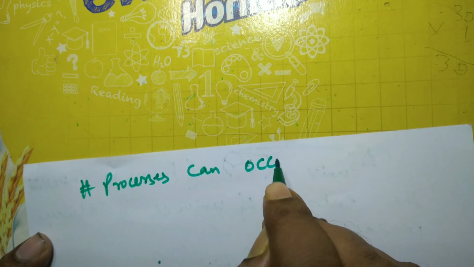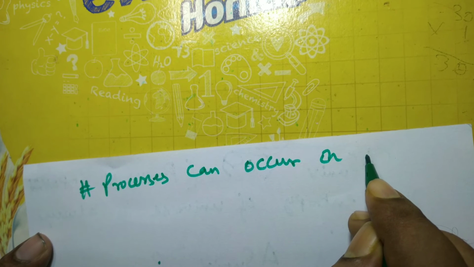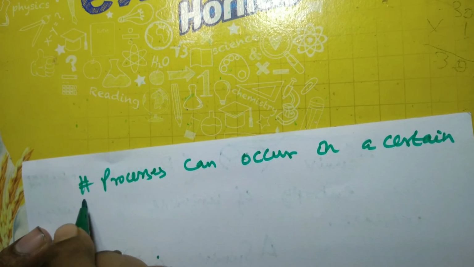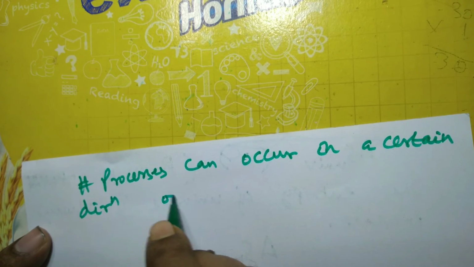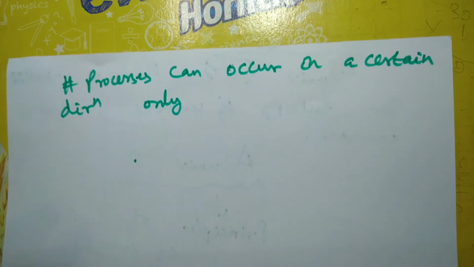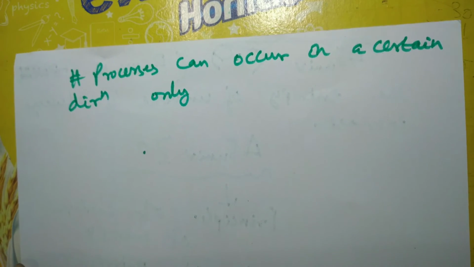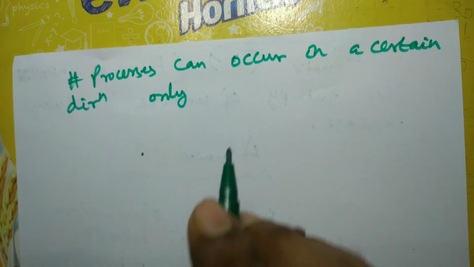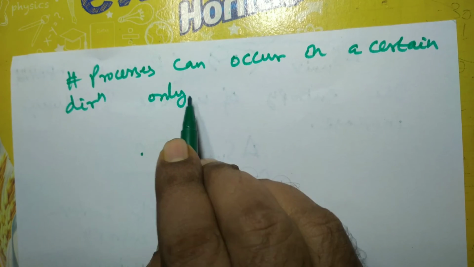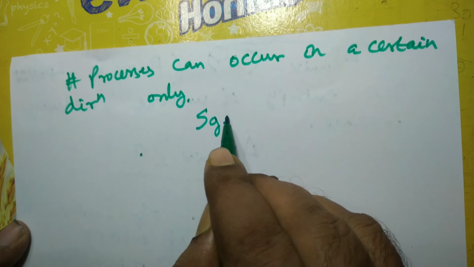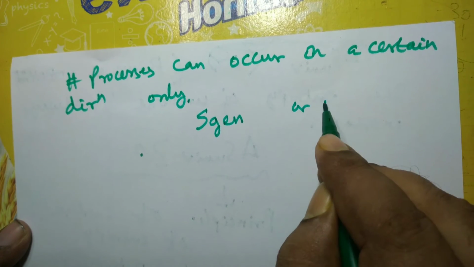So processes can occur in certain direction only, not in every direction. Like heat transfer happens from high temperature to low temperature, the reverse cannot happen spontaneously. So that's why the direction is decided only by Sgen or delta S universe.